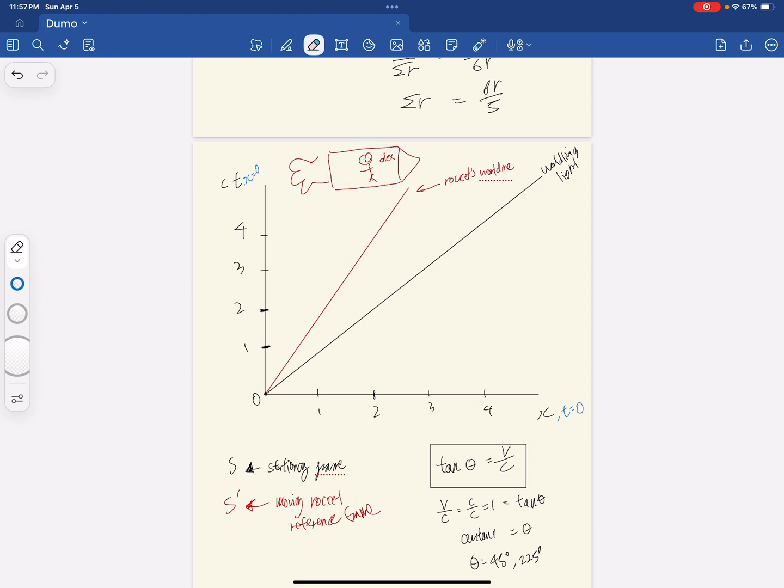And therefore, all throughout this world line right here, Alex's x-coordinate from the moving frame's perspective, x prime, I'll just write that in black, x prime is equal to 0.